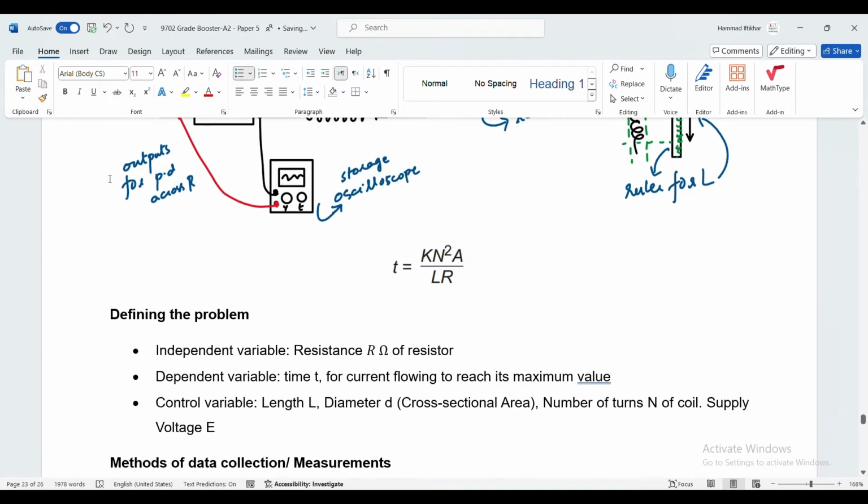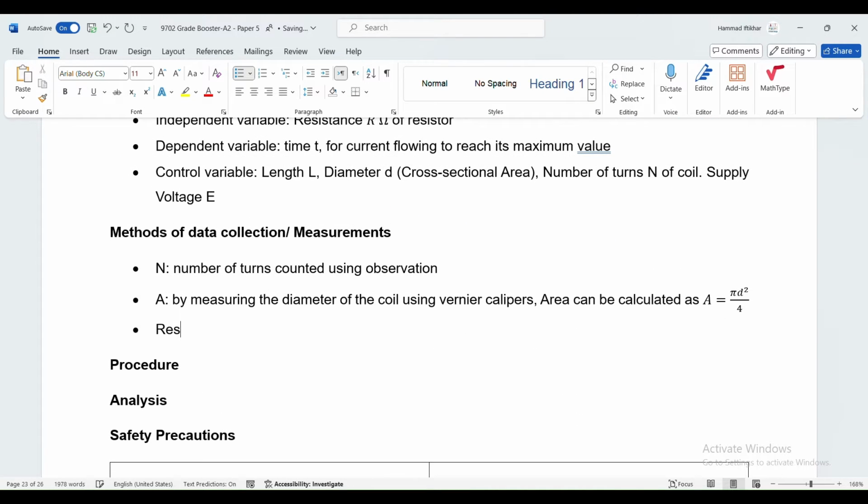Then what else do we have? Resistance R, using an ohm meter, using it outside the main circuit, or when no current is flowing through the resistor.